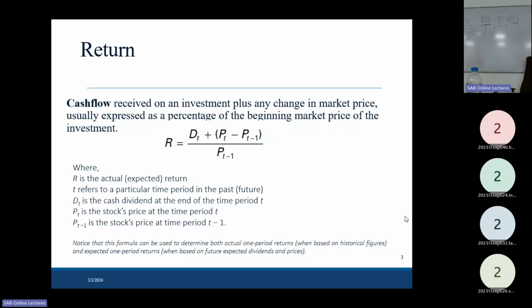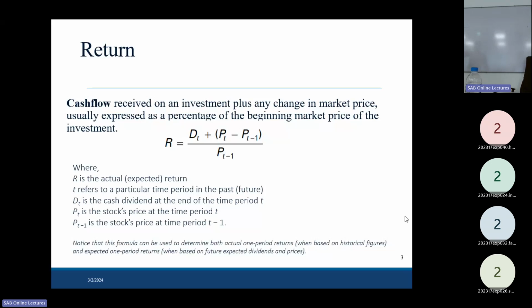So, you can calculate return considering the equity market, the ordinary share investment. Return is equal to dividend yield plus capital gain yield. Dividend yield means dividend per share at time t divided by the initial price P0, or here it is put as PT minus 1.